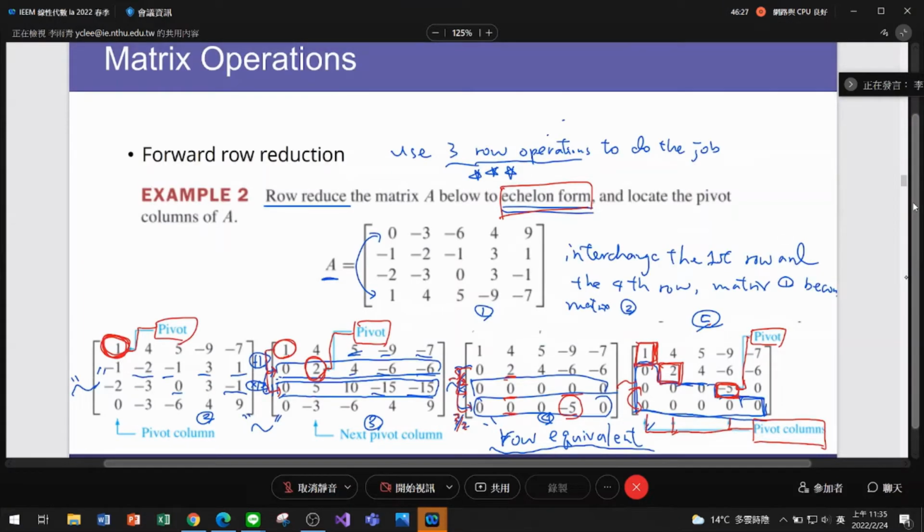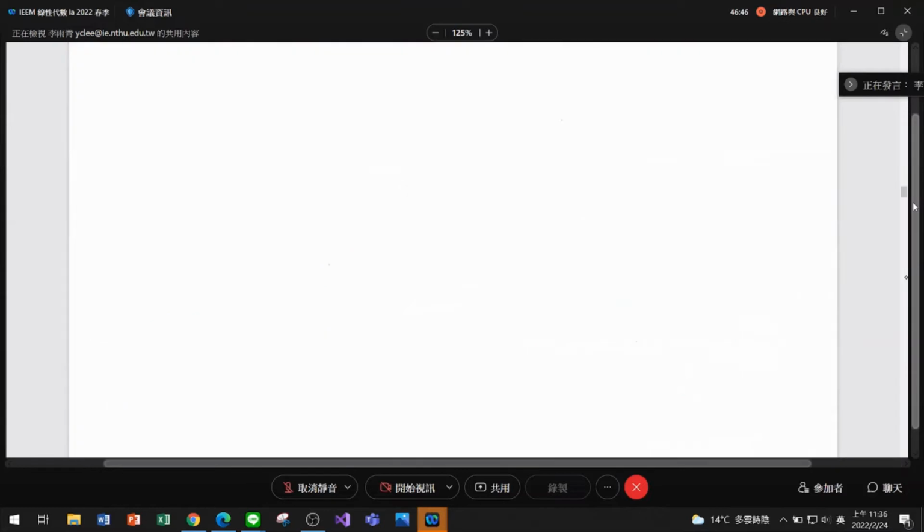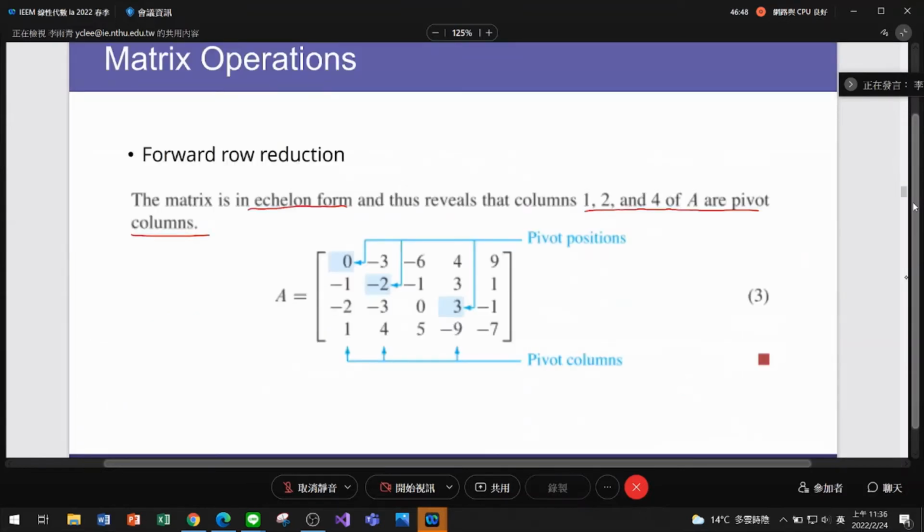I have 1, 4, 5, -9, -7, and then 0, 2, 4, -6, -6, and then 0, 0, 0, -4, 5, 0, 0, 0, 0. This is the echelon form. And also I have 3 pivot positions, 1, 2, and 3.